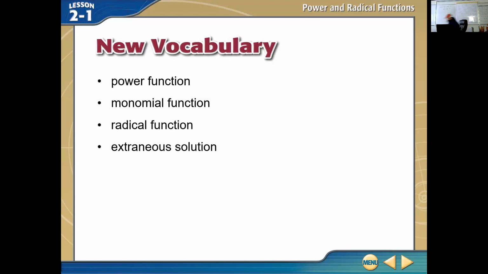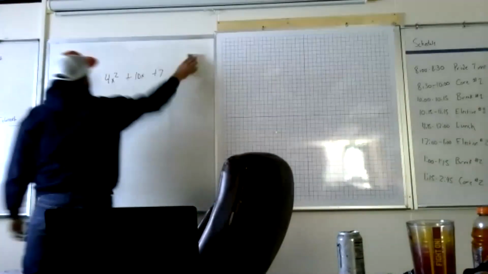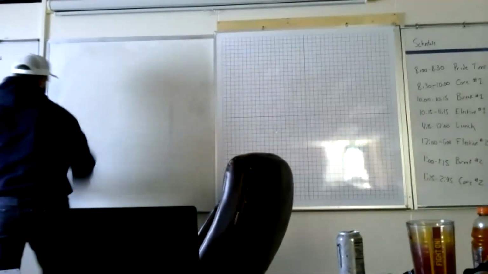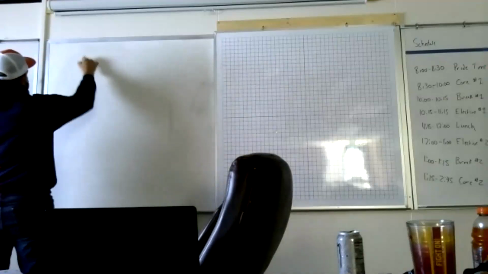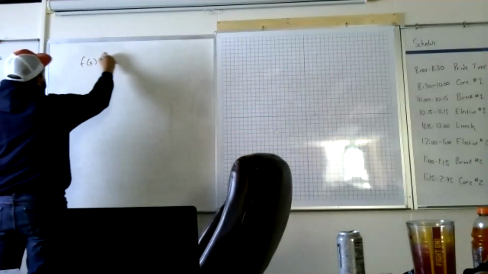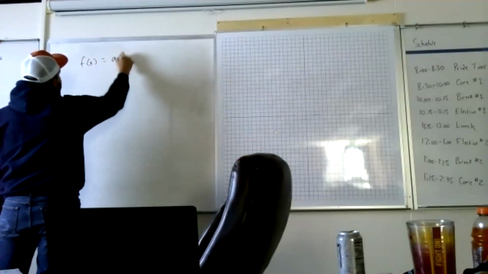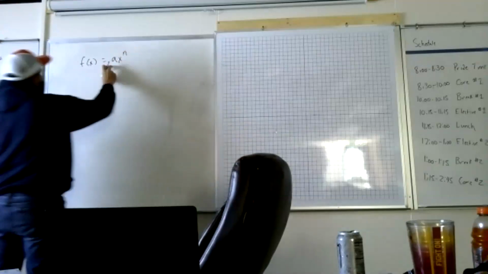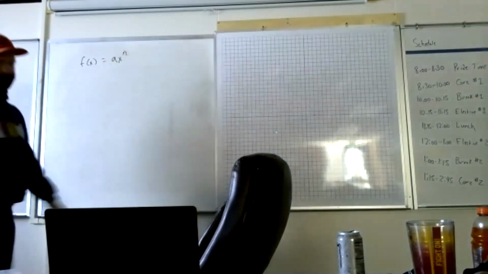Okay. So a power function. A power function is any function that can be written f of x equals ax to the n, where a and n are constants.